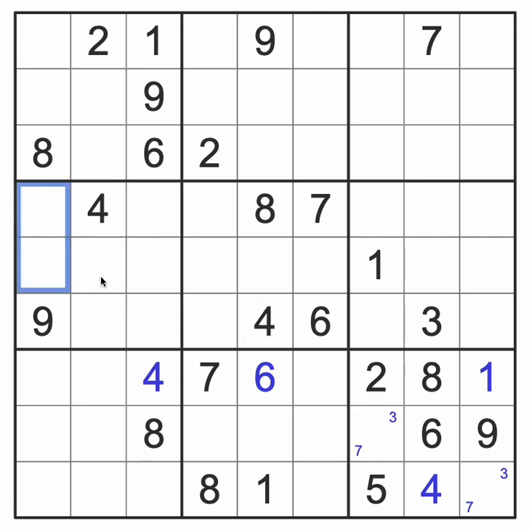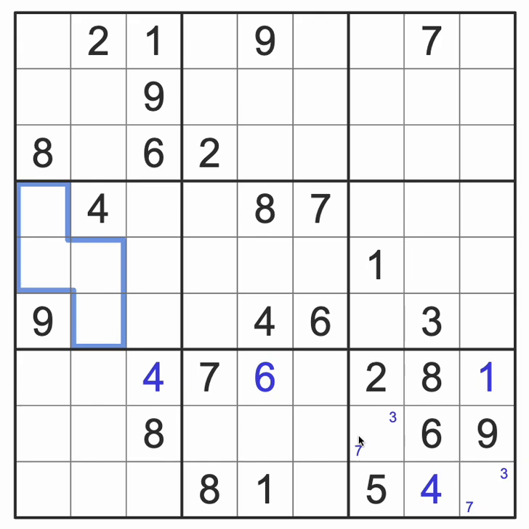That means these cells cannot use 5. And that's something I often miss, but becomes a key very often. So having said that, let's move on. I think that will come in handy later.